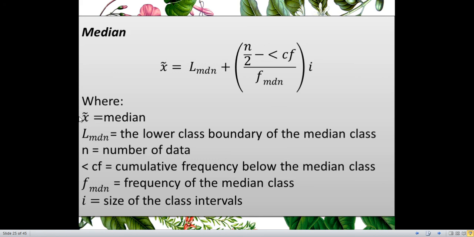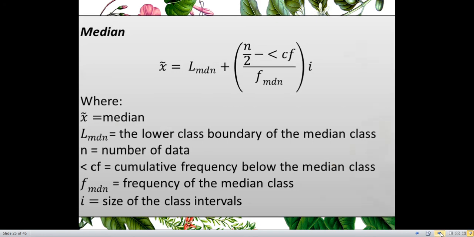Again, this is the symbol for the median. LMdn is the lower class boundary of the median class. n is the number of data. Less than CF is the cumulative frequency below the median class. fMdn is the frequency of the median class, and i is the size of the class interval.